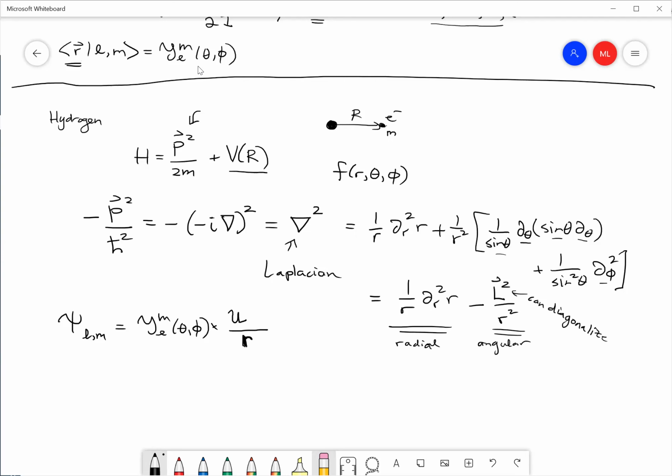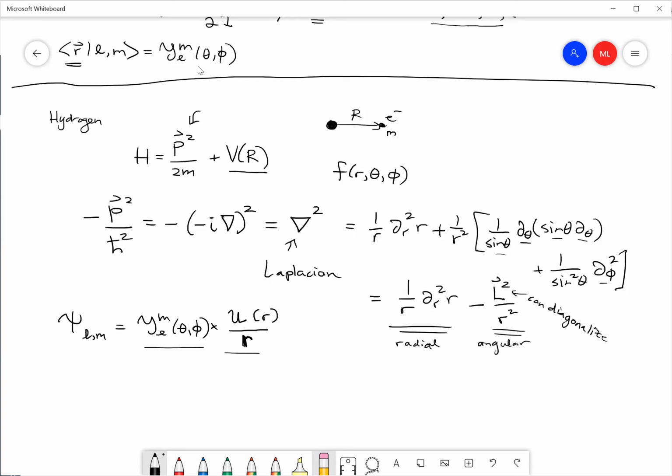We'll see why. You don't have to, but it's convenient to define this function u. So this is the form of our wave functions, our eigenvectors of h. There's the angular part and then a radial part, which we'll find.